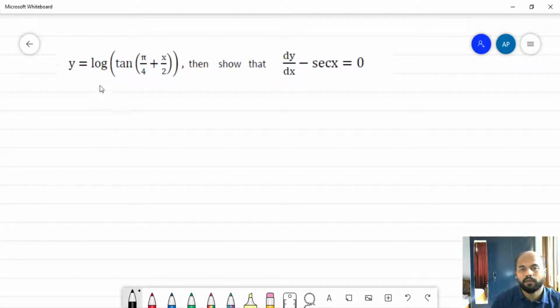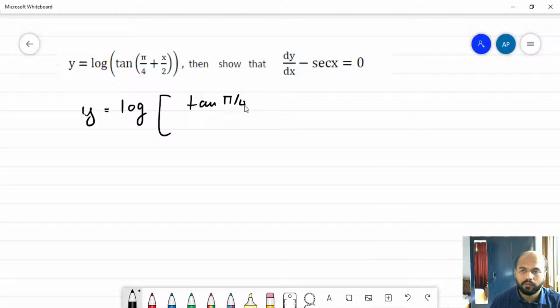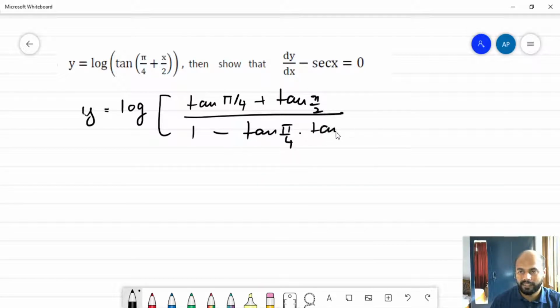So overall, now we have got this function. Let's expand this first so that we can simplify this in a better way. Now before that, as I move ahead, this is going to be tan of pi by 4 plus tan of x by 2, over 1 minus tan pi by 4 tan x by 2.